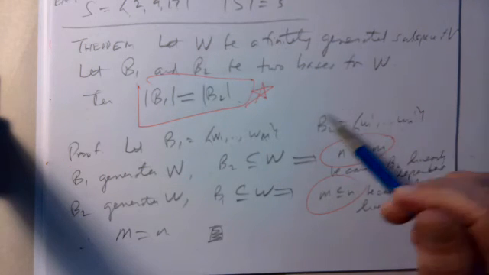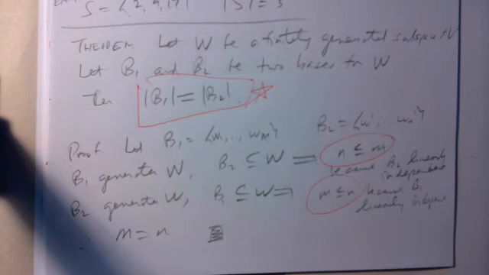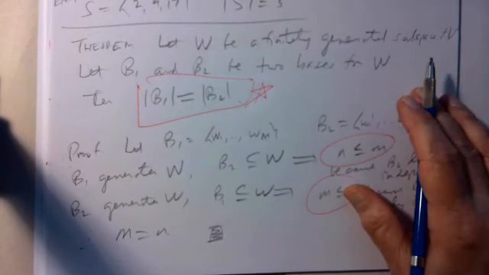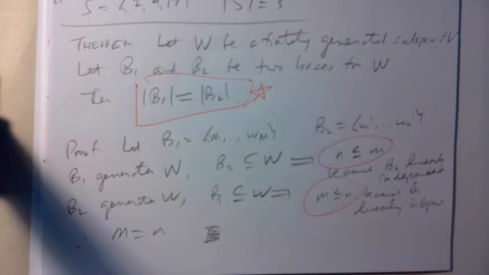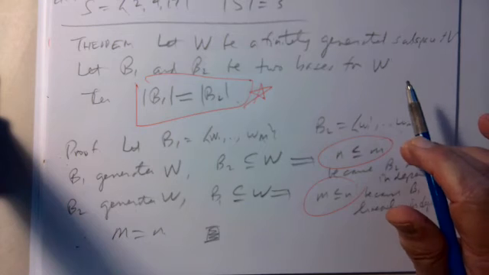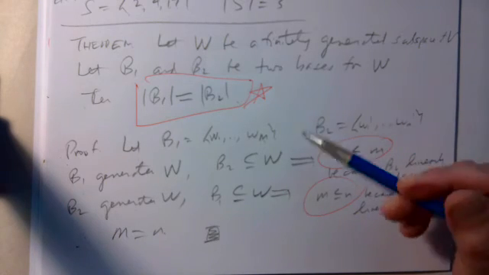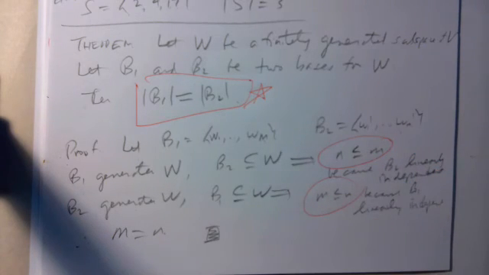And we just proved that M must equal N. They have to have the same number of elements. So it's not a question of why is B1 a basis. What I'm saying is let B1 be any basis and let B2 be any other basis. And if you do that, then we prove they have the same number of elements.